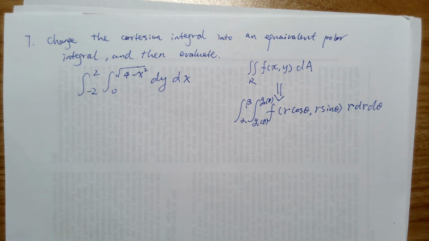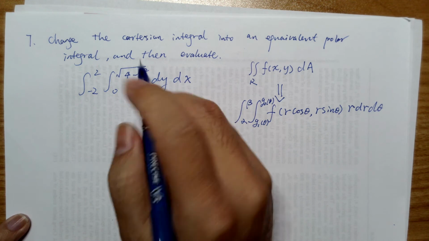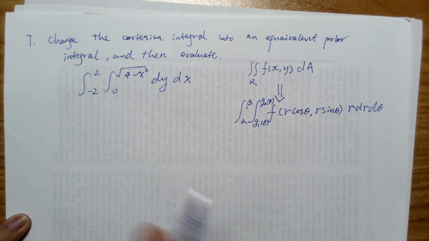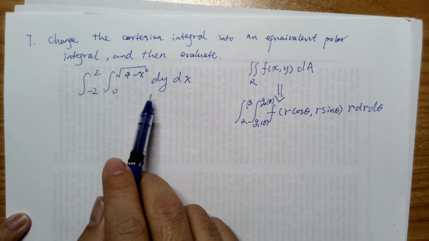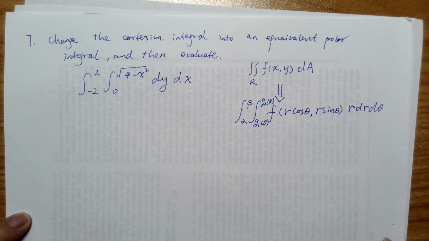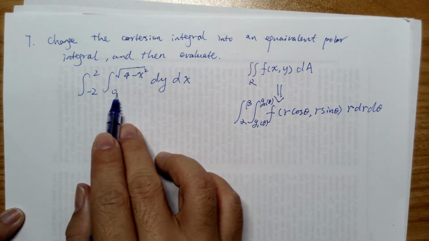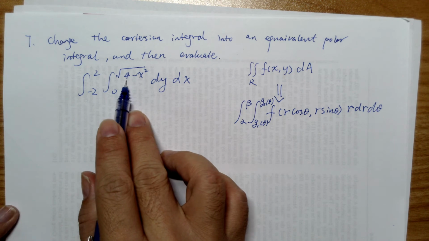Okay. So for this problem, the easy part is that the integrand is equal to 1. So basically we are looking for the area of this region. Let's take a look at this. Our y is bounded below by 0, above by this.